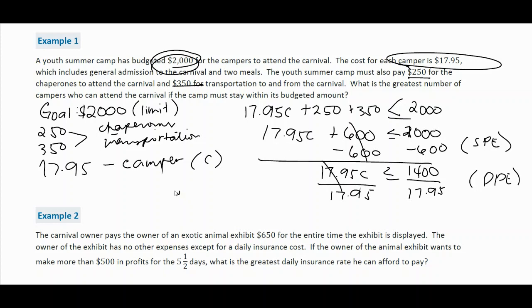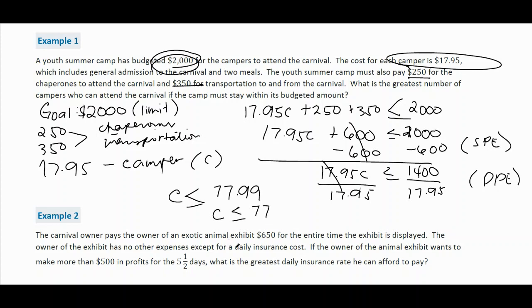All right. C should be less than or equal to, doing the math, of course, it's going to be 77.99. Now, I made some little mistake earlier, but I rounded it off. But basically, it's just actually asking for less than or equal to 77 campers.